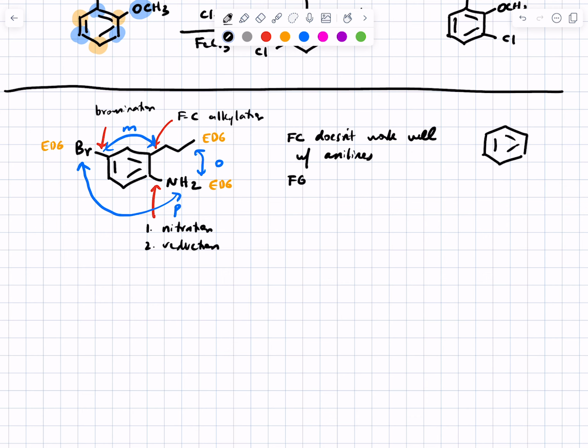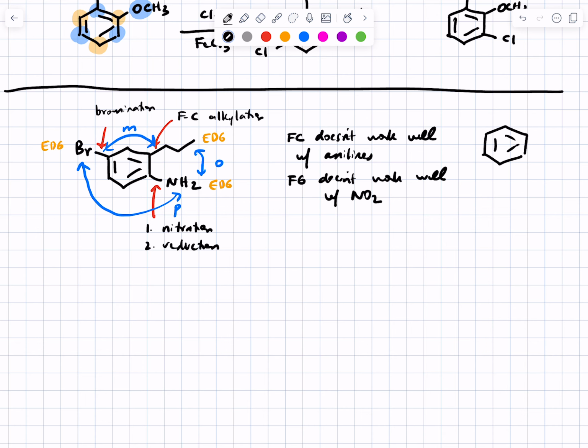And the other thing is it doesn't work well with nitro groups. For the anilines, the problem is the lone pair on the nitrogen's too reactive. For nitro groups, the problem is the benzene ring itself is not reactive enough. So that gives us a hint as to what we want to do first. We can't do the Friedel-Crafts reaction after the aniline's there. We can't do it if the nitro's there, so our best shot is to do it first.